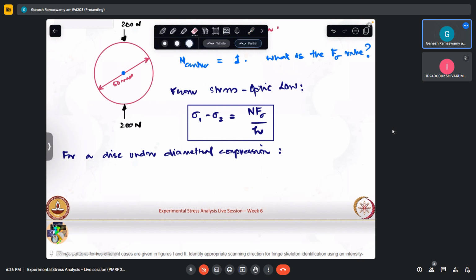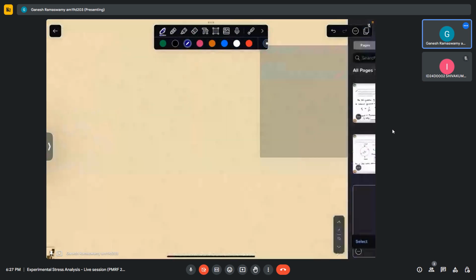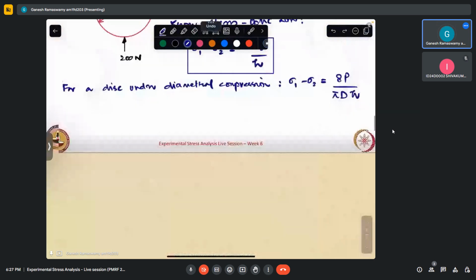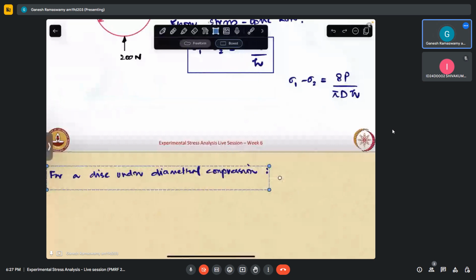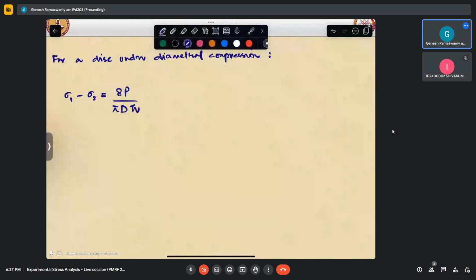So when we plug that in, we get sigma 1 minus sigma 2 to be 8P by pi D h. For a disk under diametral compression, sigma 1 minus sigma 2 is 8P by pi D h. This is from the mechanics of the problem.